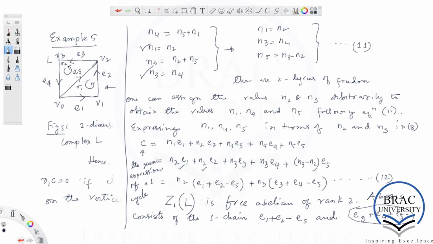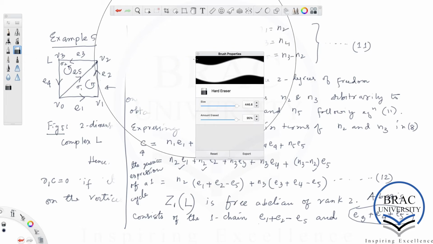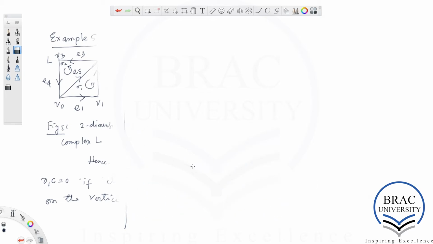Okay. On the other hand, if I take this sigma 2, the 2 simplex, and let it be acted upon by the boundary operator del 2, then one immediately gets E3 plus E4 plus E5, right?